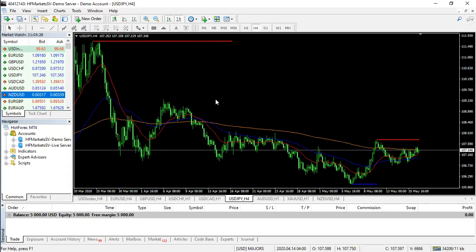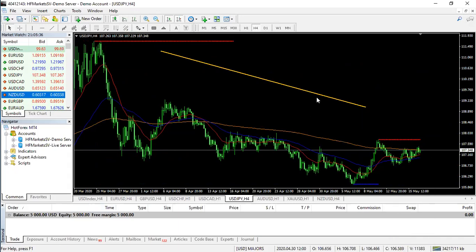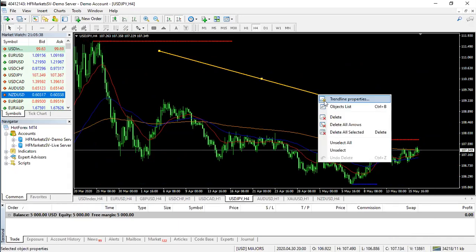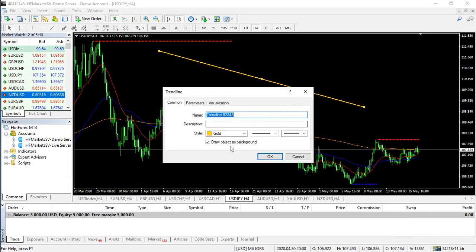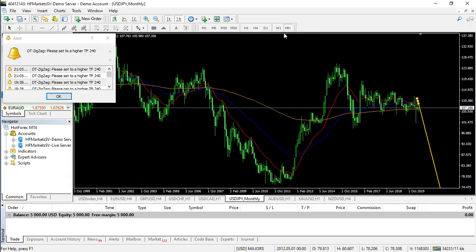To draw trend lines. If you want a short trend line, select it. Then double click. Then trend line properties, parameters, then ray. Okay, see? So it's just that simple.